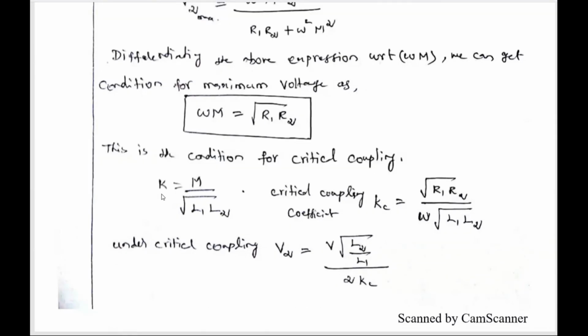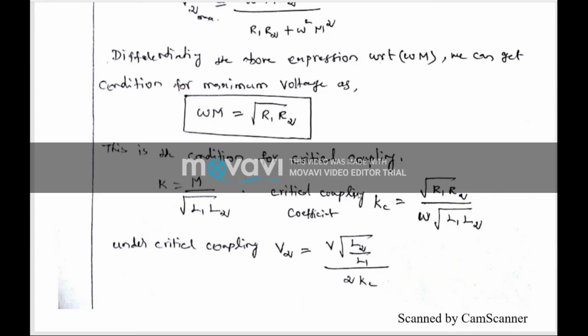The coefficient of coupling K equals the mutual inductance divided by the square root of L1 and L2. During critical coupling, the coefficient K becomes Kc.